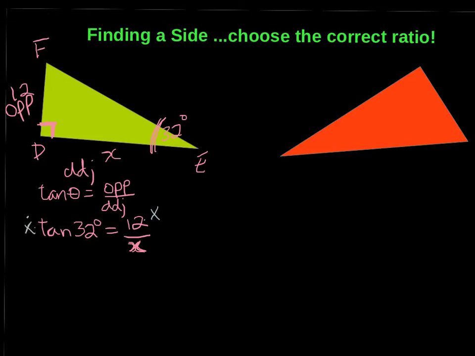Now you notice we have an x, those two cancel, and then I've got x times tan 32 degrees equals 12. I need to isolate the x, which is being multiplied by the tan 32. Just remember that tan 32 is just a number, so all the same algebraic rules apply. Divide both sides by tan of 32.